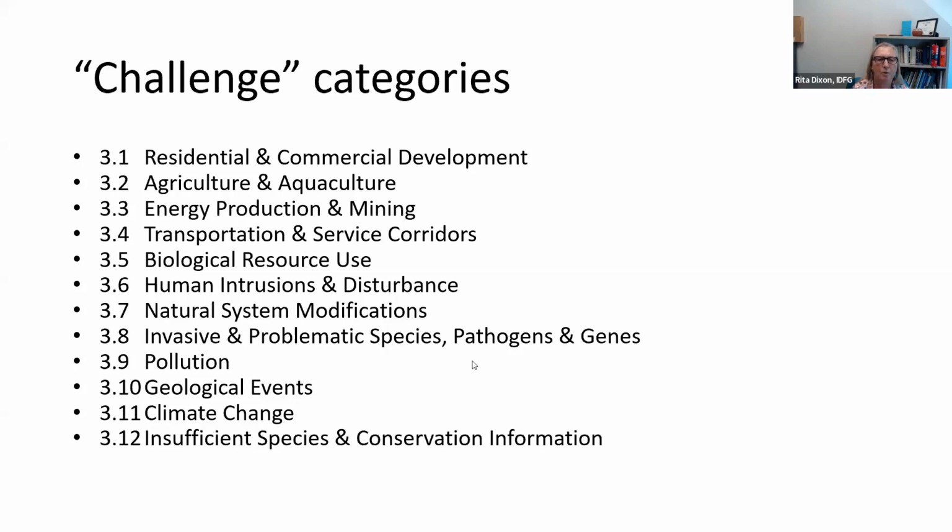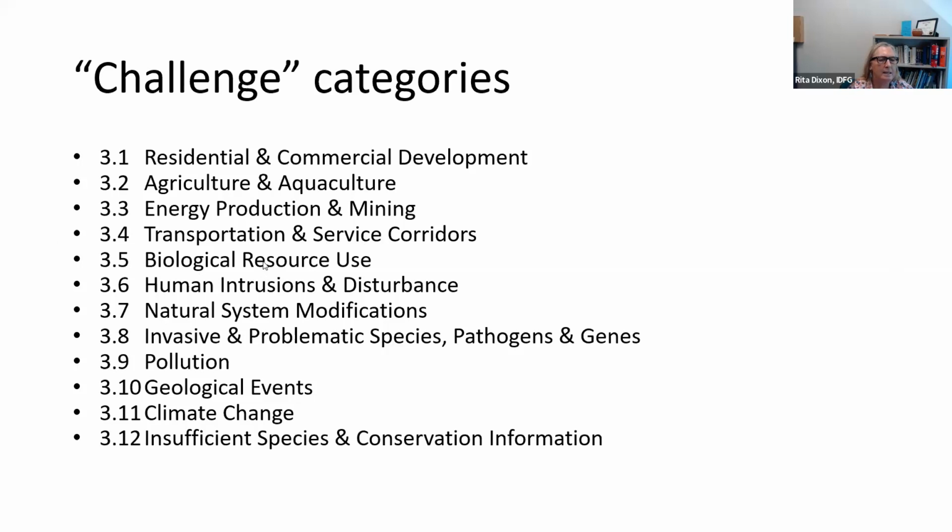Throughout our State Wildlife Action Plan, depending on these categories, we include actions that address connectivity in many of these, in particular natural systems modifications, as well as energy production and mining, transportation and service corridors, and biological resource use, which includes timber harvest.